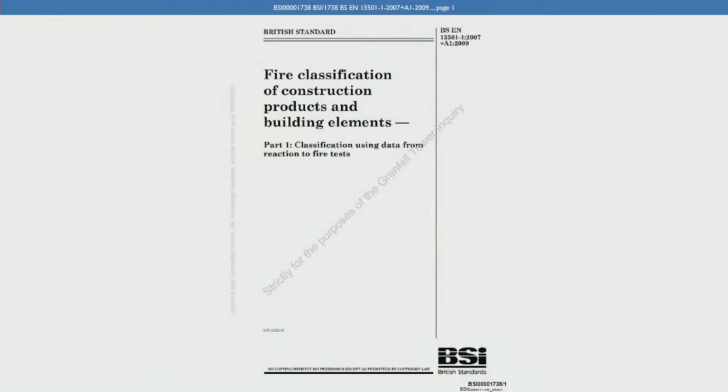Yes, correct. Can we look, please, at the British standard in force at the time of the Grenfell Tower refurbishment, BS 476? Let's look at page 1 first of all to identify the document, and then go in it to page 40. There it is on page 1, and at page 40 we have the classification criteria.